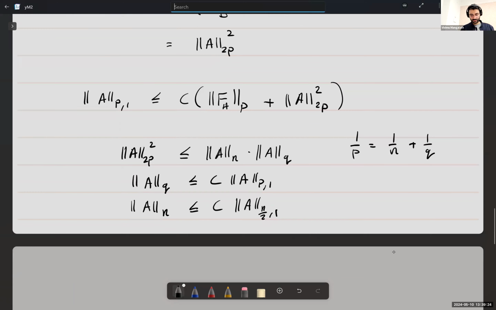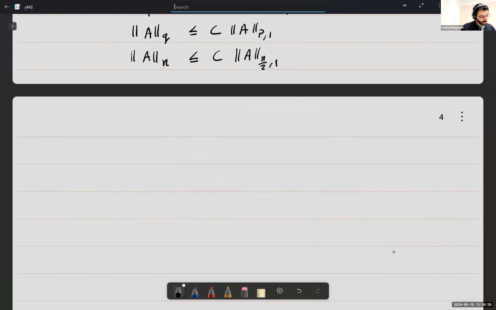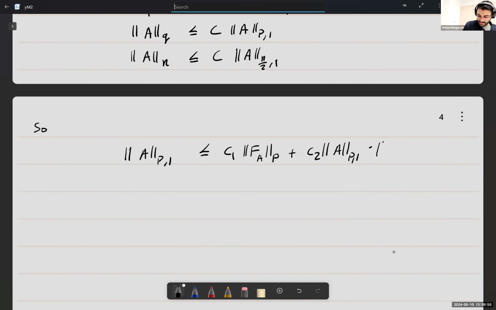Okay, so I'm just going to plug these in. And so putting that back into the equation, we get A, P comma 1 is less than or equal to C1 F A P plus C2 A P comma 1 times A n on 2 comma 1. Okay, so well now we select eta.